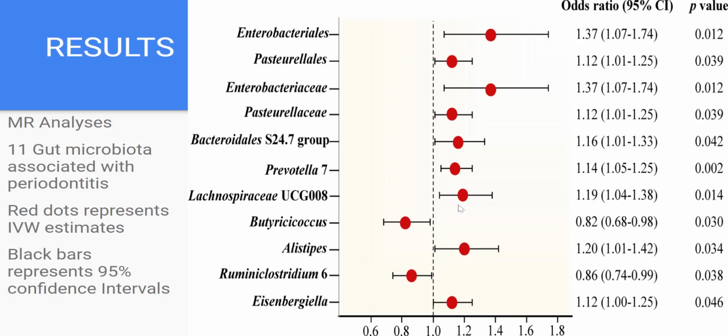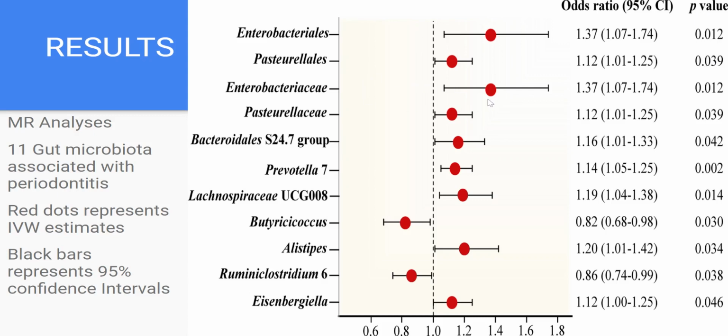Okay. The others, like Pasteurellales, you can see it has an odds ratio of 1.1, 95% CI is 1.01 to 1.25, and the p-value is 0.039.